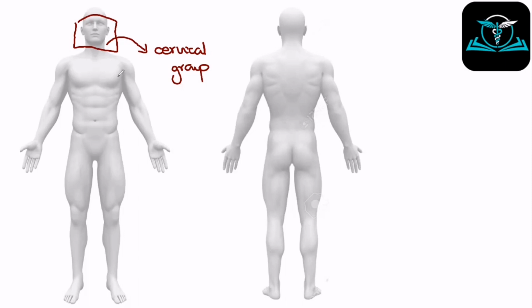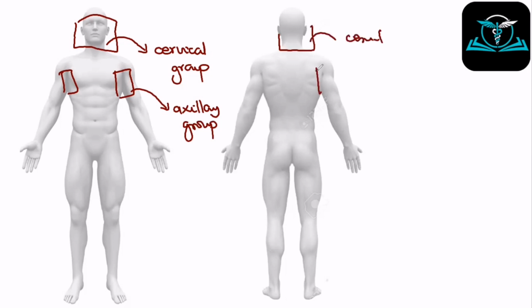Then the next group I want to talk about is located in the armpit, medically called the axilla. And so that is the axillary group of lymph nodes. So remember the cervical group here, and the axilla in this region, the axillary group of lymph nodes.